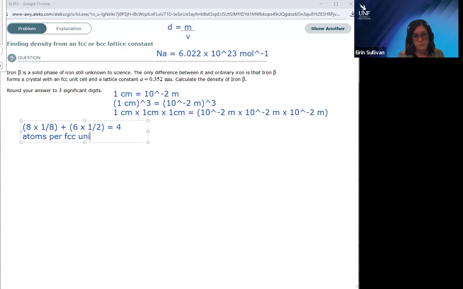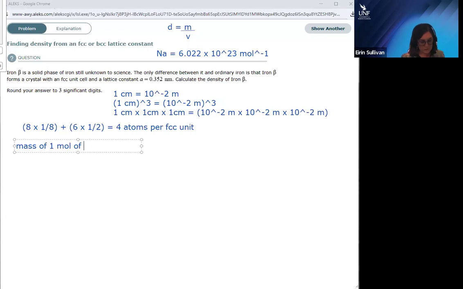If we were to do the same for a body-centered unit cell, there are just the 8 corner atoms, so 8 times 1/8, and then there's 1 atom in the body center. So 8 times 1/8 plus 1 gives me 2 atoms per BCC unit cell. First of all, we're going to work out the mass of 1 mole of unit cells. We have to look up whatever the element is. It's iron, and in the periodic table I'm looking at, iron has a molar mass of 55.85 grams per mole.